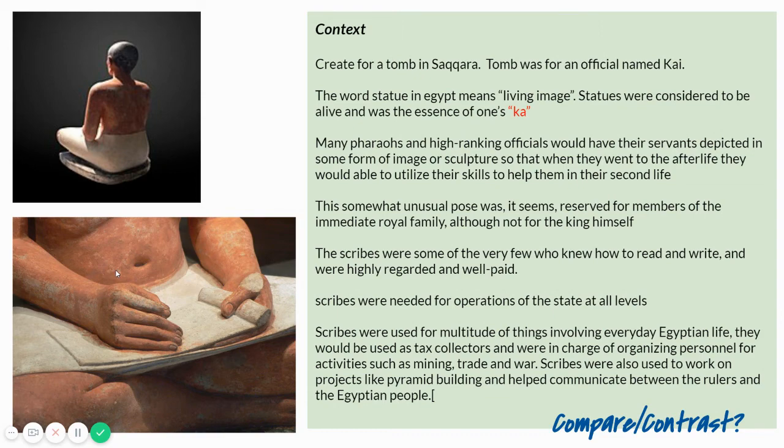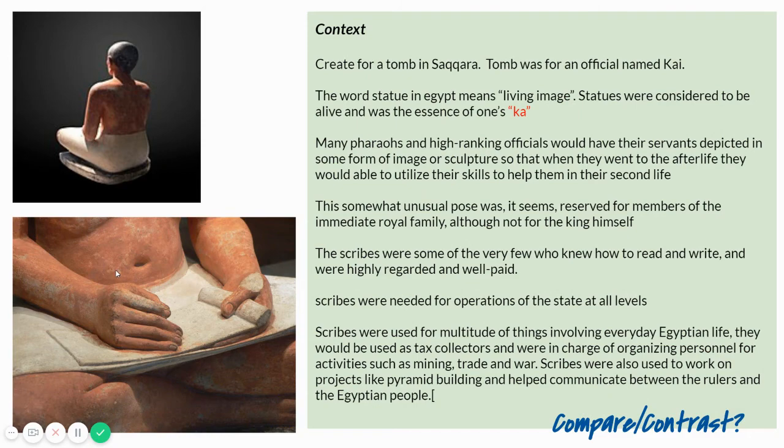So statues were considered to be kind of alive, and was the essence of one's ka. We mentioned ka before, and ka means one's spirit or one's soul, right? And so the statues were like the living essence of one's soul, okay?